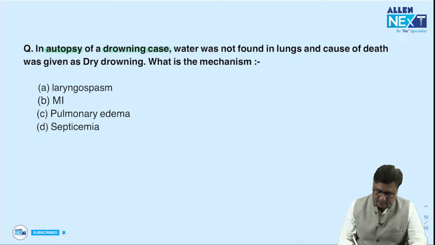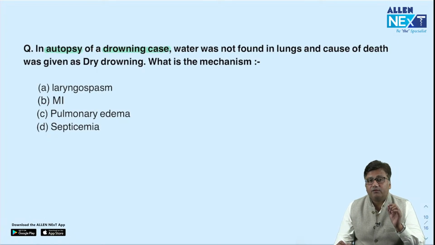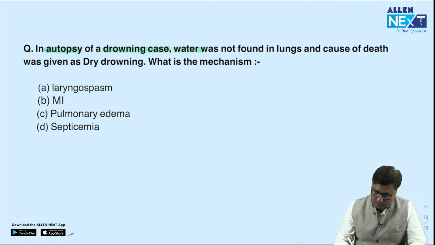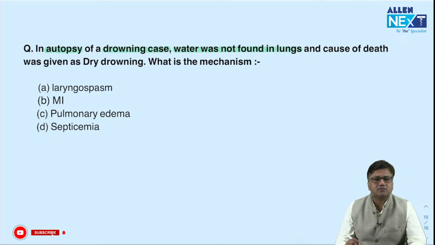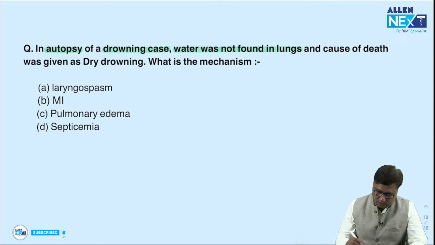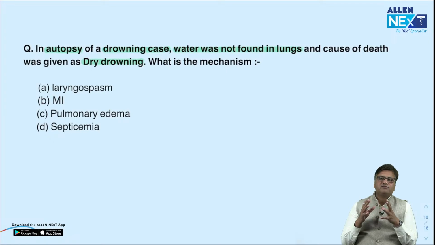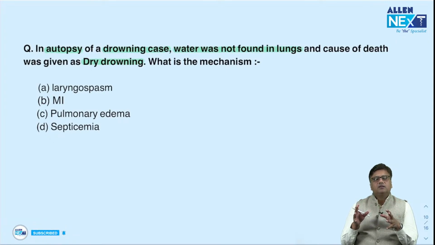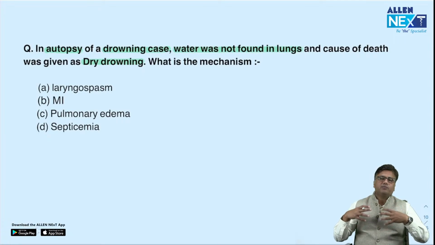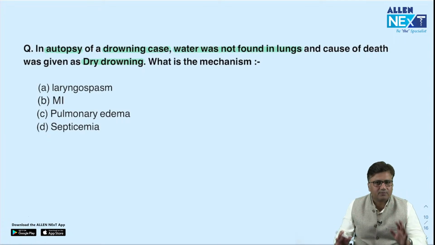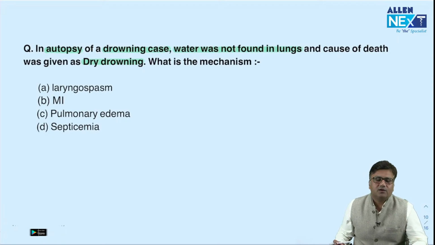It is given that it's a drowning case, okay, but an important finding is water not found in lungs, okay. The cause of death is also given as dry drowning. So although a negative statement is given that water is not present in lung, still it is a drowning case. The diagnosis of death has already been given to you that it is a case of dry drowning. Now all they are asking is what is the mechanism of death.